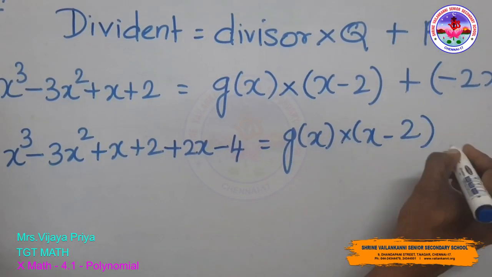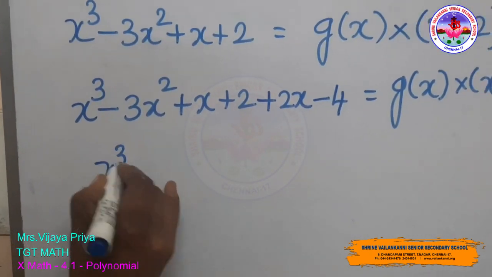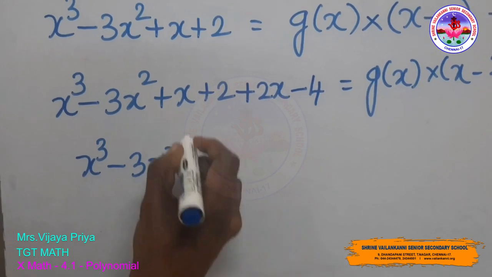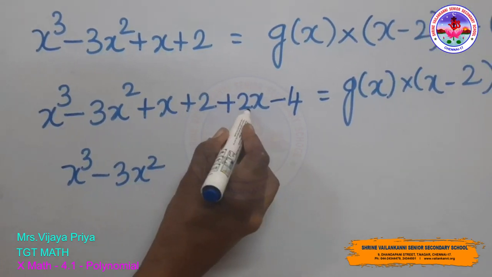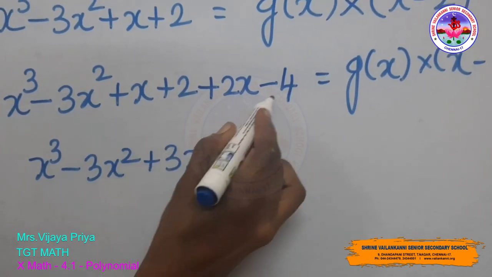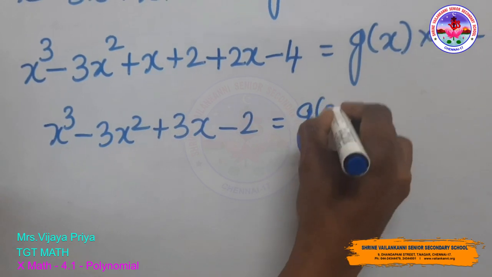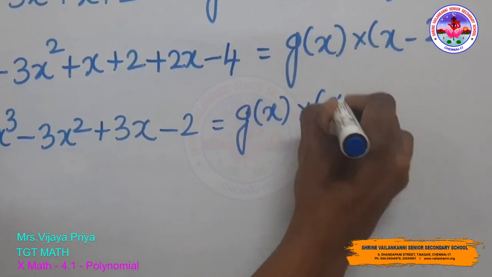Now I am going to simplify x cube minus 3x squared. So here I have x plus 2x, it becomes plus 3x, plus 2 minus 4 becomes minus 2, which is equal to g of x into x minus 2.